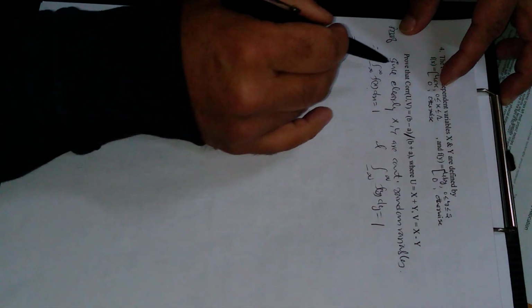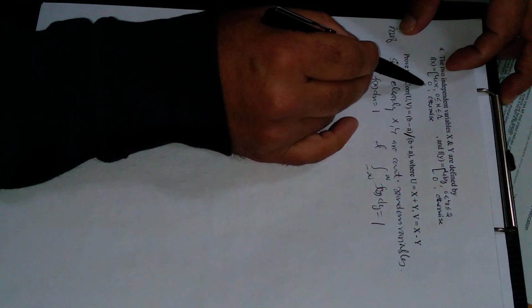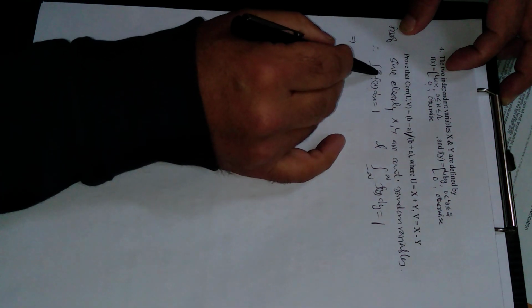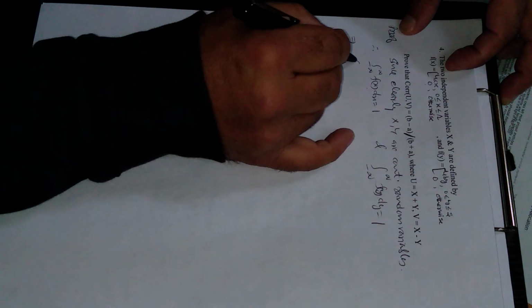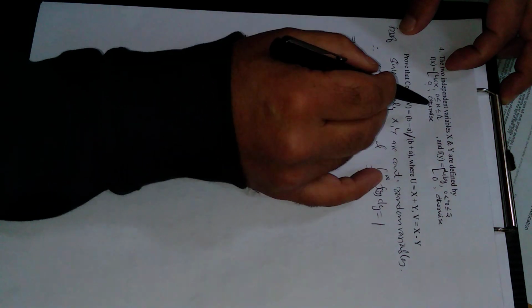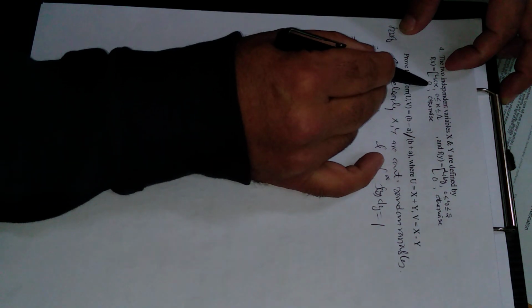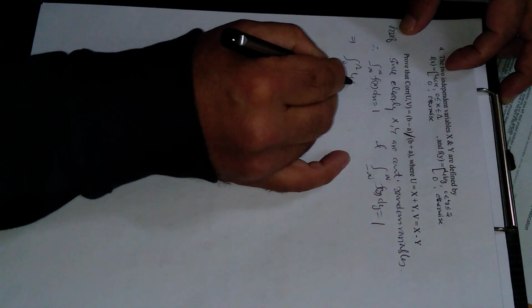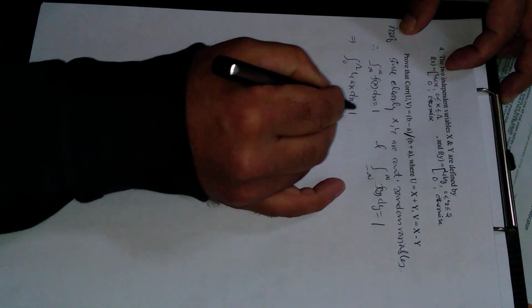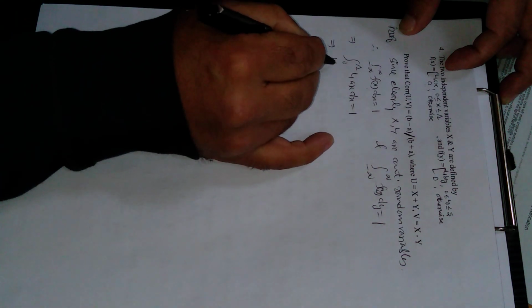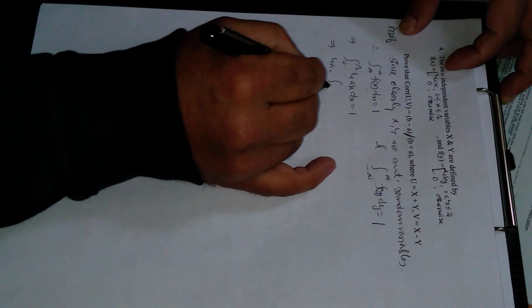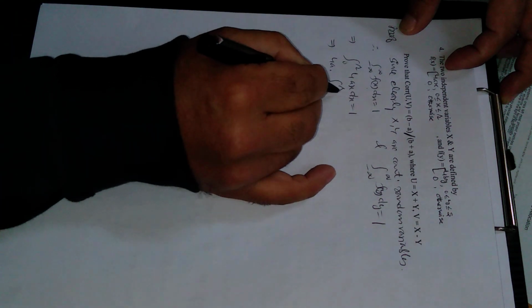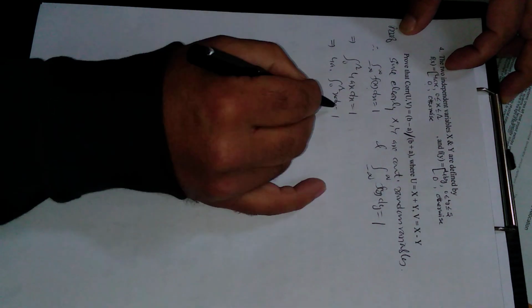This further implies, because of this given range of the density function, the integration from minus infinity to infinity will reduce to only 0 to r. The rest of the integral will be 0, because the density function is 0 except in this range. So f of x in this case is integration of 4ax with respect to x equal to 1. This further implies 4a is constant, integration from 0 to r of x dx is equal to 1.